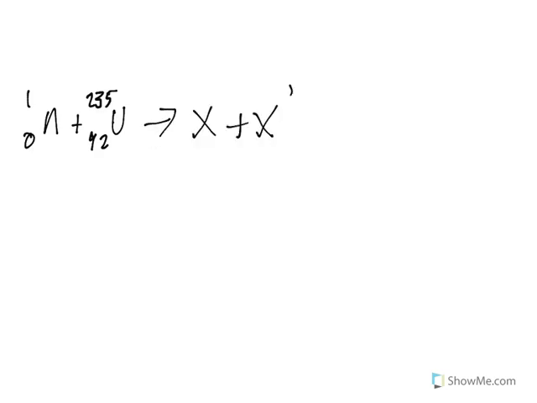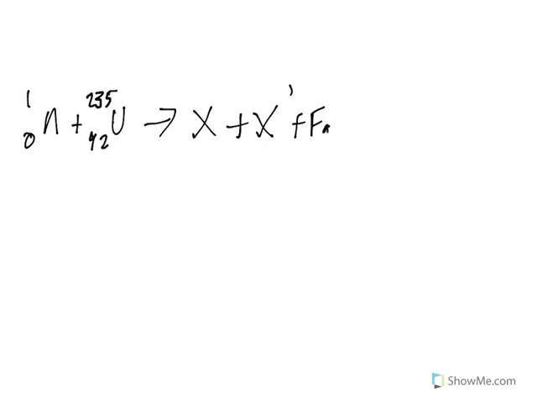Alright, so in general what happens is that you have a neutron, you fire it into uranium, typically 235, and you get out two other elements.